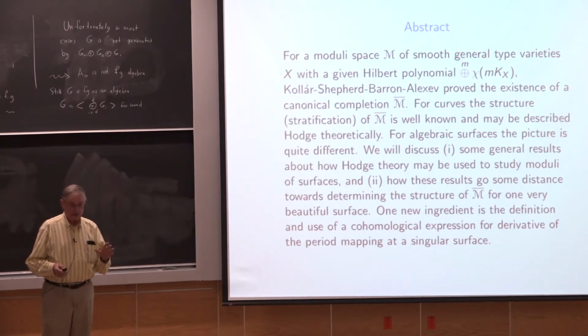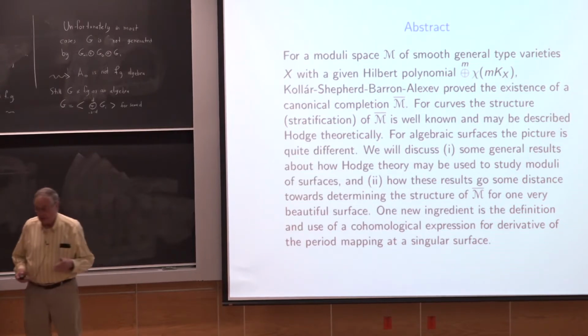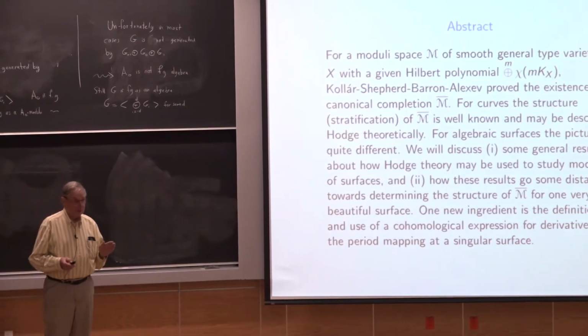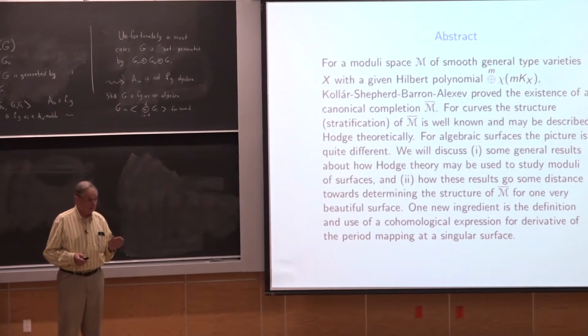The analog of that are called I-surfaces, and there's beginning to emerge, using Hodge theory, a fairly complete picture of what the moduli space looks like.